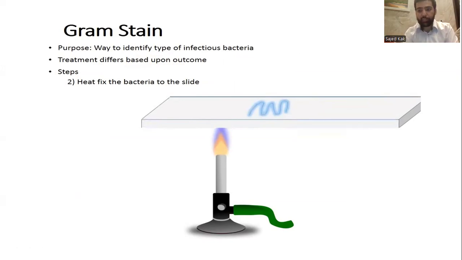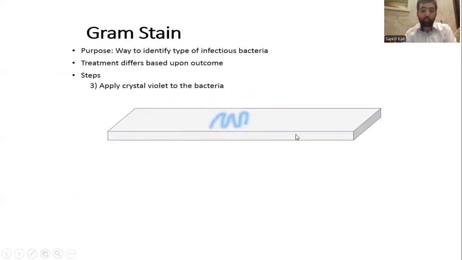Why should we heat it? In order for the bacteria not to get out while we wash it. In the later steps, we're going to add certain chemicals and do washing, so the bacteria won't leave the slide. It will be stuck.